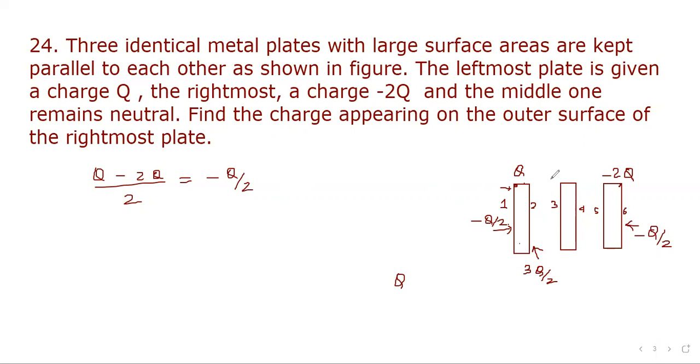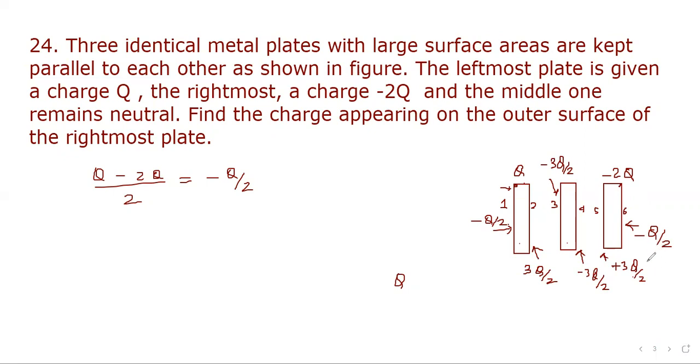Due to induction, surface 3 will have charge minus 3q by 2, and since this plate number 2 is neutral, so another face will contain just opposite charge, plus 3q by 2. Due to induction, again this will contain charge minus 3q by 2. So what do we get?